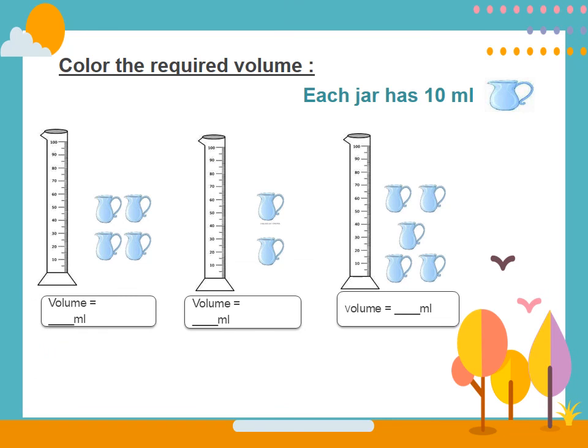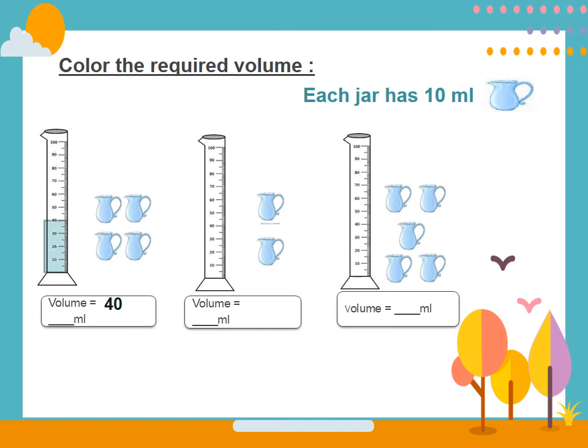The last question we have. Here we want to know what is the volume we're going to fill this graduated cylinder. Each jar has 10 milliliters. Okay, so in the first question we have 4 jars. So 4 by 10 equals 40. So we're going to fill the liquids here up to 40.